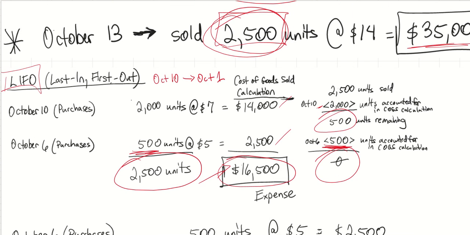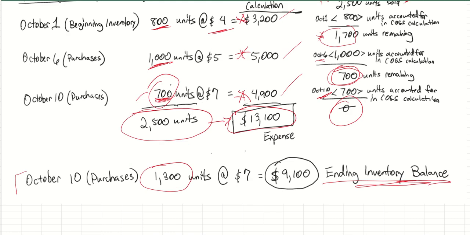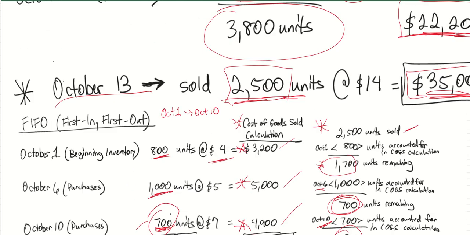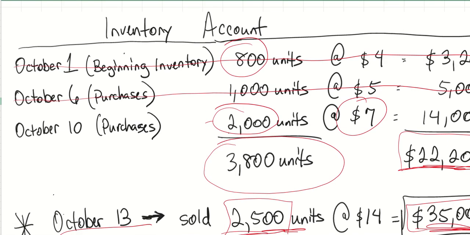When using the LIFO method, you're going to record a larger expense in the books than under the FIFO method, as you can see. Because under the FIFO method, you are going to include the oldest purchases in the cost of goods sold calculation. So you're going to start at the beginning of the period and work your way down.